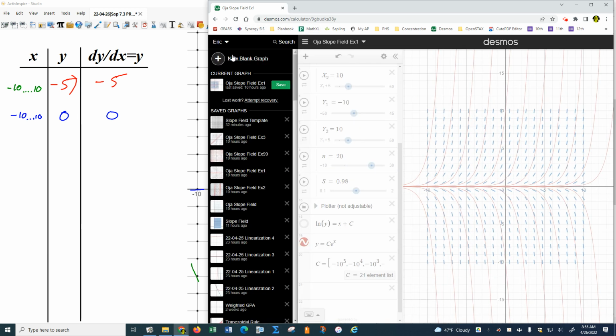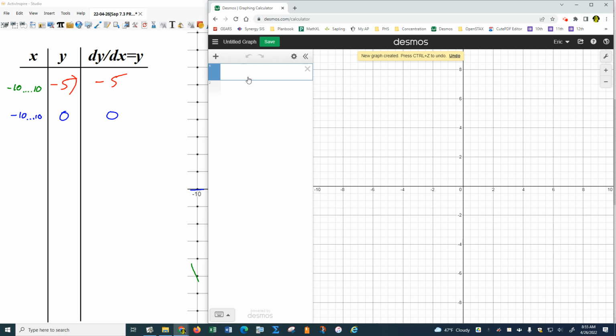I could make a table out of this too. Let's see if I can do this. If I do f of x, y equals y.